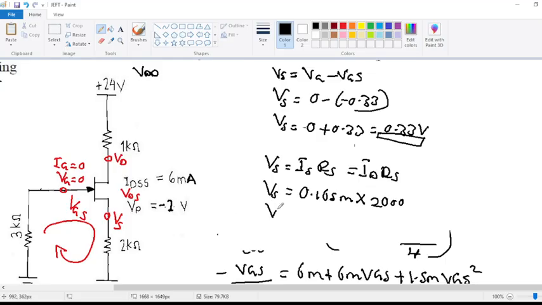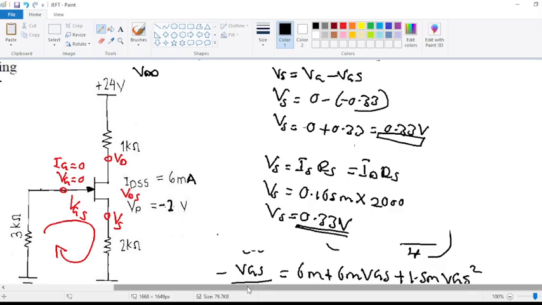So VS is equals to, if you perform the calculation there, 0.165 milli, you multiply by 2000, you are going to have 0.33 volts, the same as this one here.